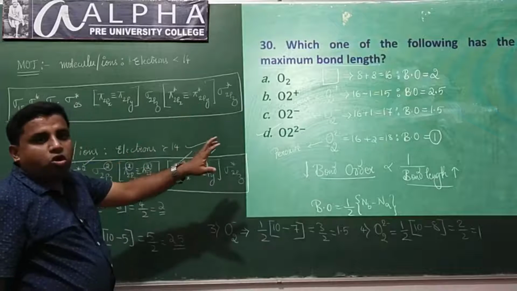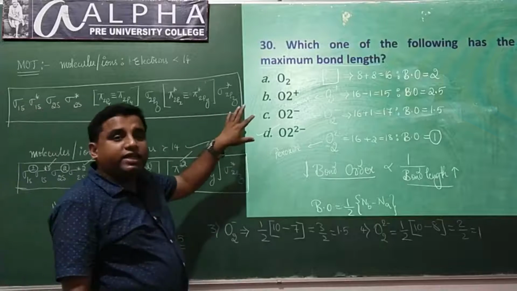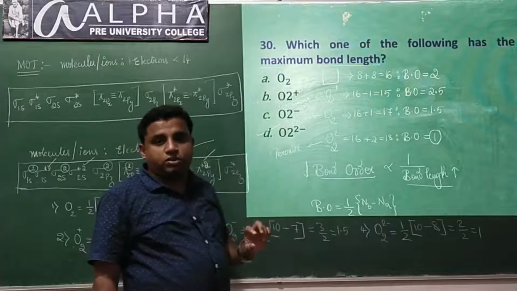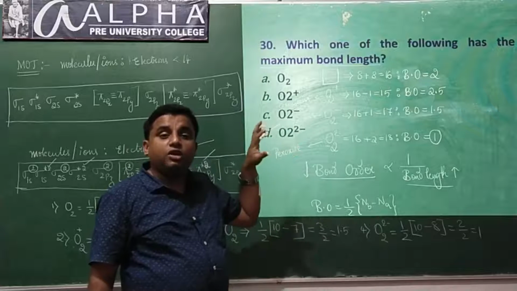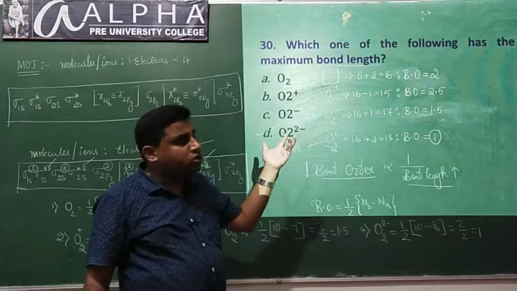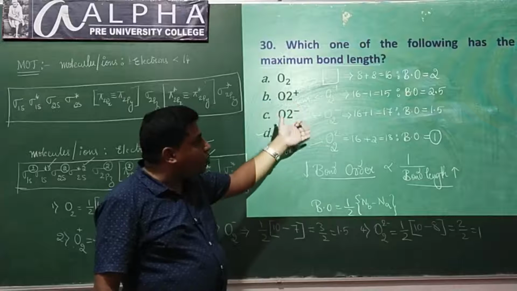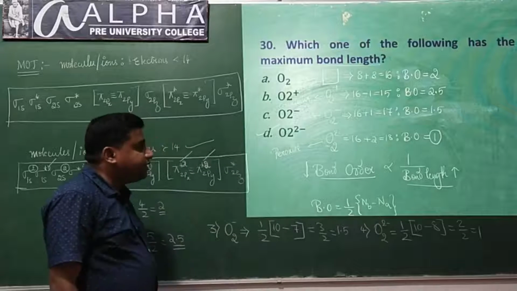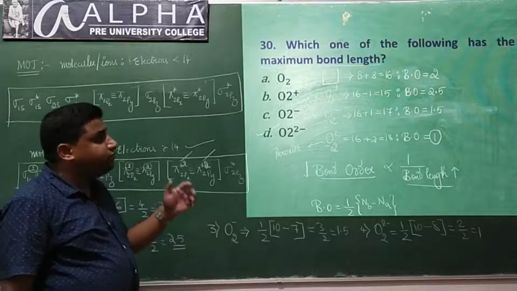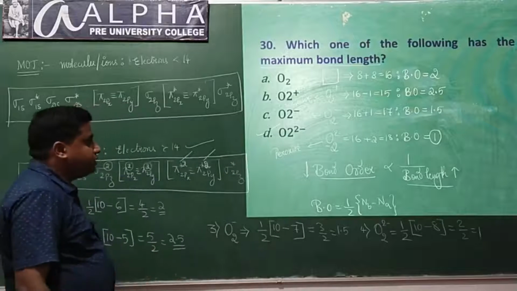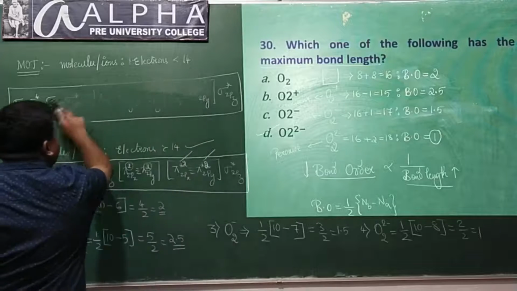Let us retain the bond order because we can expect many other types of questions on the same concept. Understood? So let us retain the bond order of oxygen, oxonium ion, superoxide and peroxide, and let us finish off all other problems related to this kind.